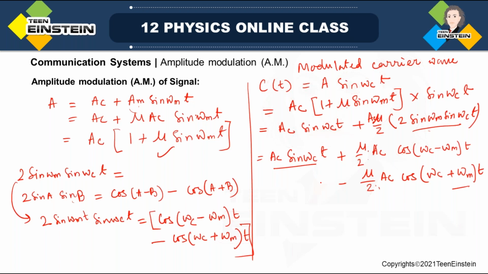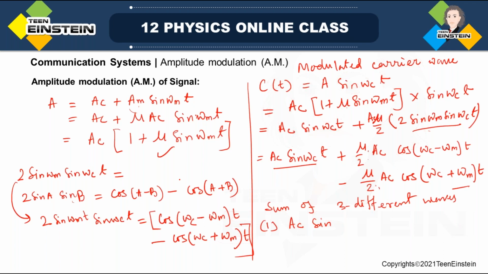So if you see, this is actually a sum of different waves. Let us see the first one.